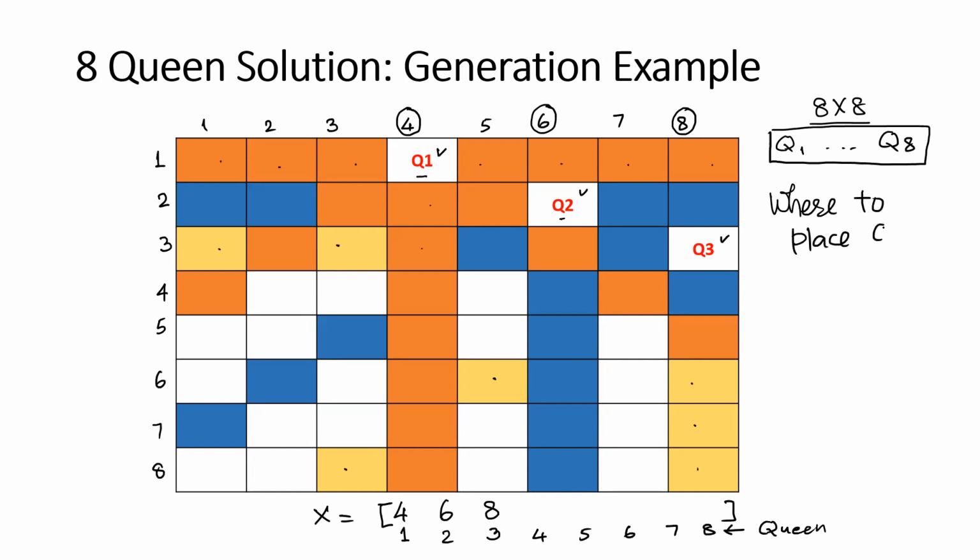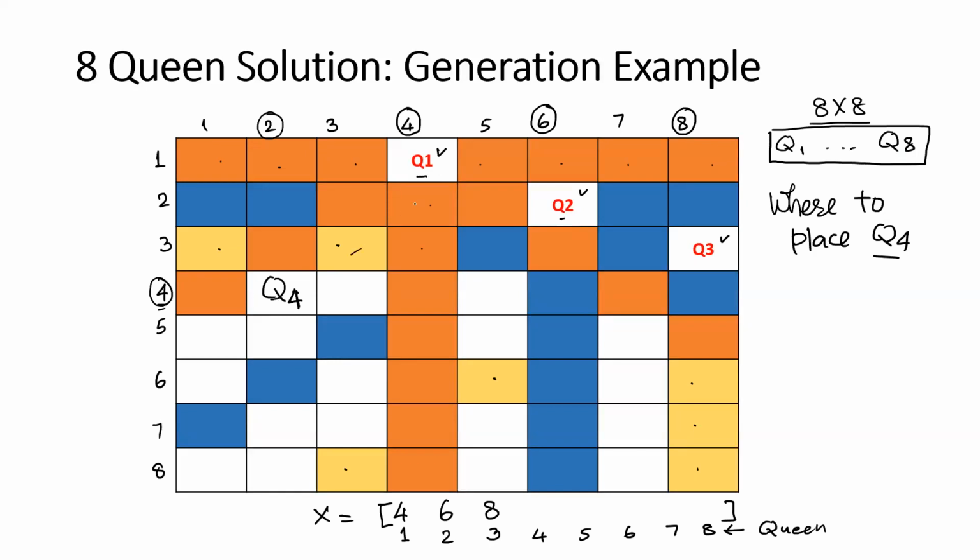When we are saying where to place Q4, we will search row number 4. And as column number 2 is currently vacant, Q4 will be placed here, and then we will check whether this Q4 placed here satisfies the constraints. It means that there should not be any queen in column number 2, there should not be any queen in row number 4, which is not there right now, and any particular diagonal position should also not be allowed.